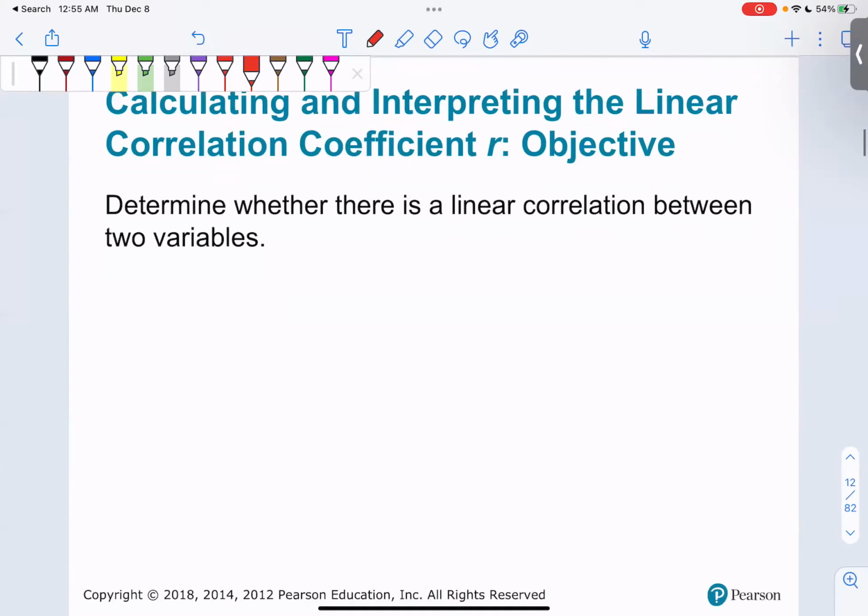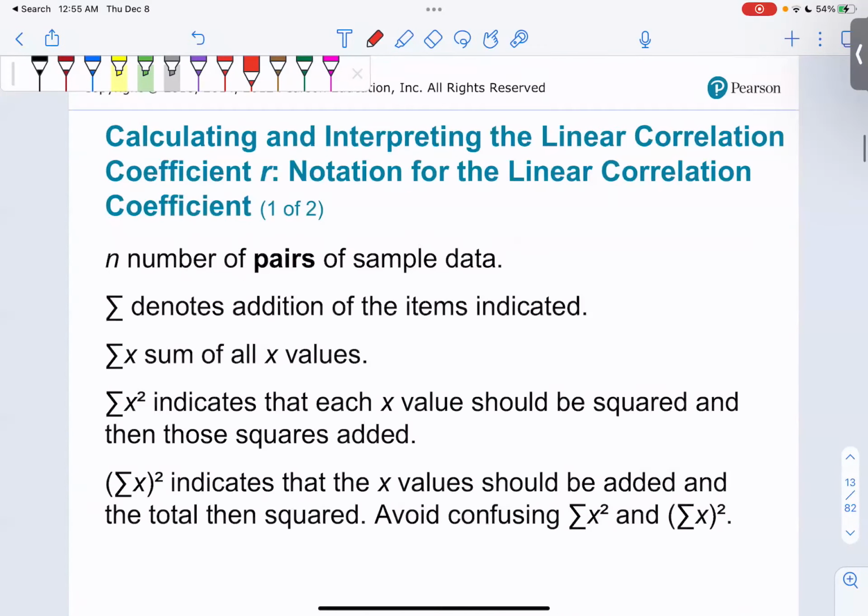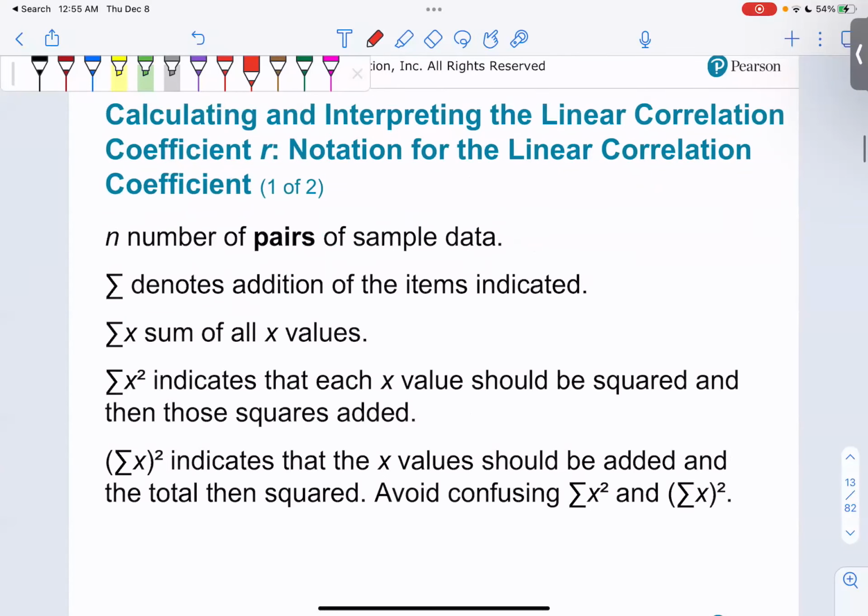Okay, so the objective of calculating R is to find if there is any linear relationship or any linear correlation between two variables. So to calculate correlation, we need the sample size n.